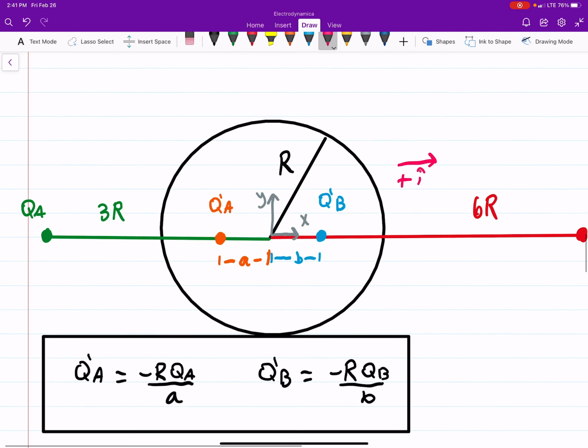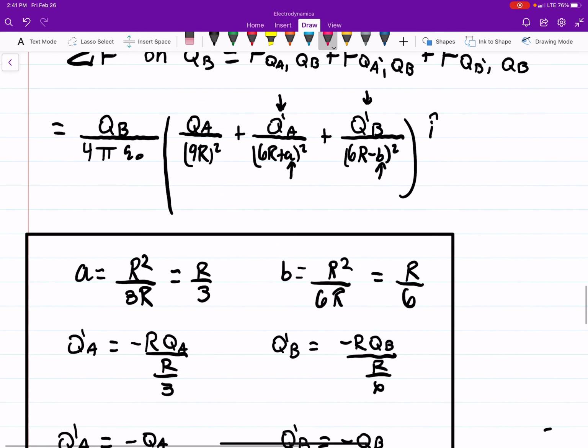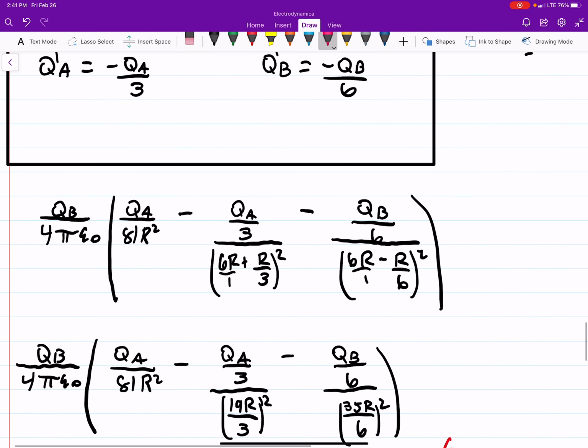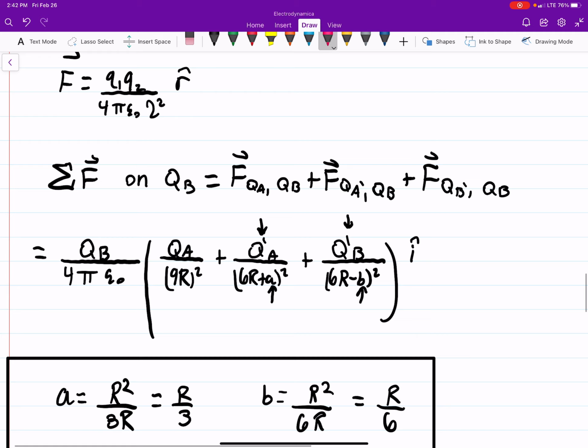The other thing to keep in mind when you're doing this is to use superposition. So this, at least for me, it's nice to break this down into basically 3 separate parts and add them together. So you can break this up and think of it as 3 separate, smaller individual questions.